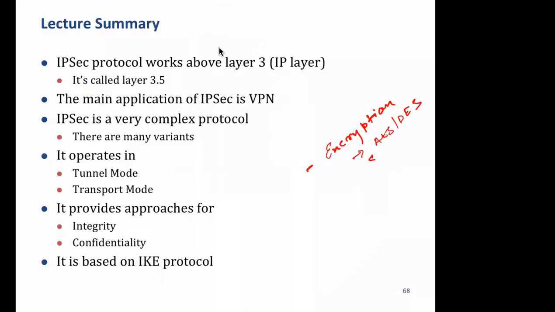So symmetric key encryption is the first thing that we need. Now we also need authentication or integrity. What can we use for that? We can use HMAC, maybe just a hash.